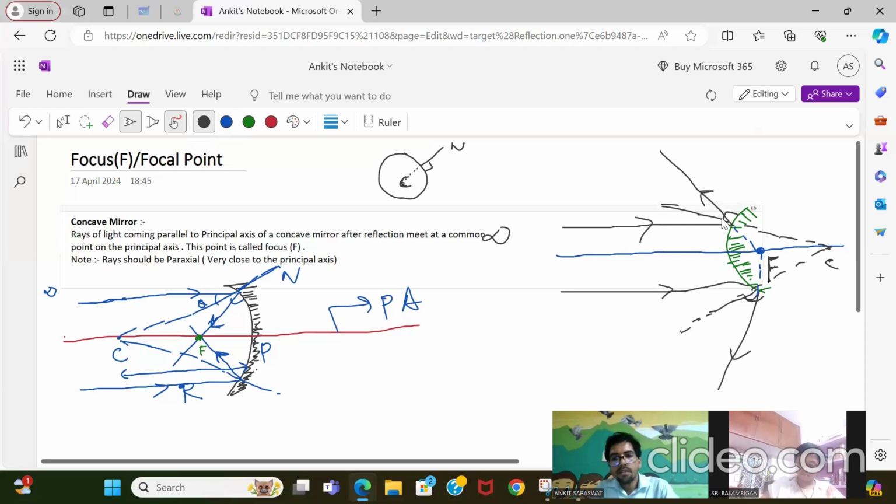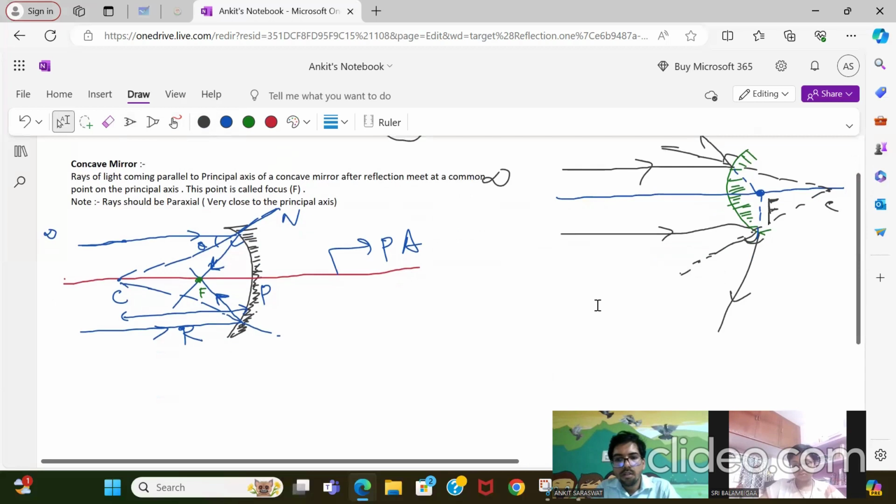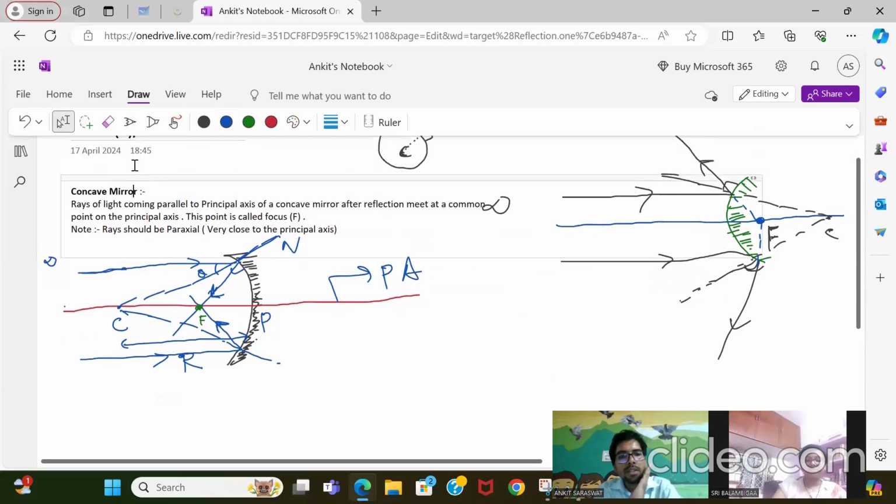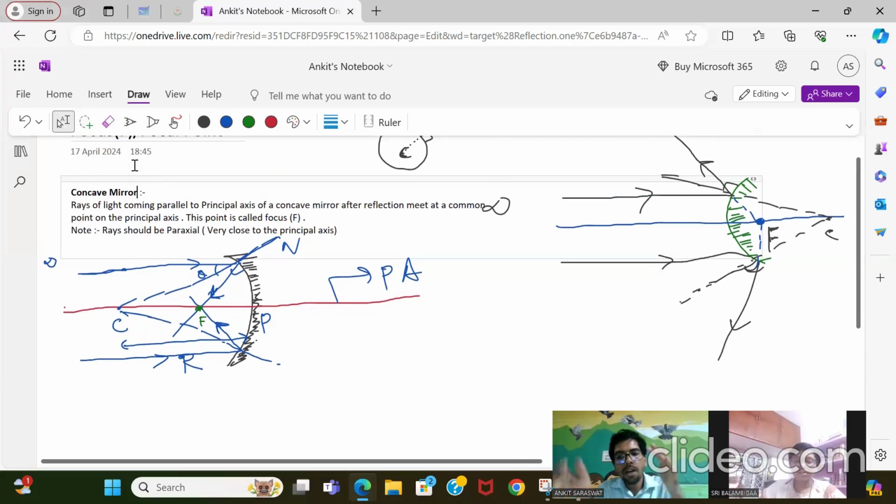So you can write: convex mirror is also known as a diverging mirror, and concave mirror is also known as a converging mirror. Because after reflection, rays converge. Can you see? These two rays after reflection converge, and these two rays after reflection diverge.